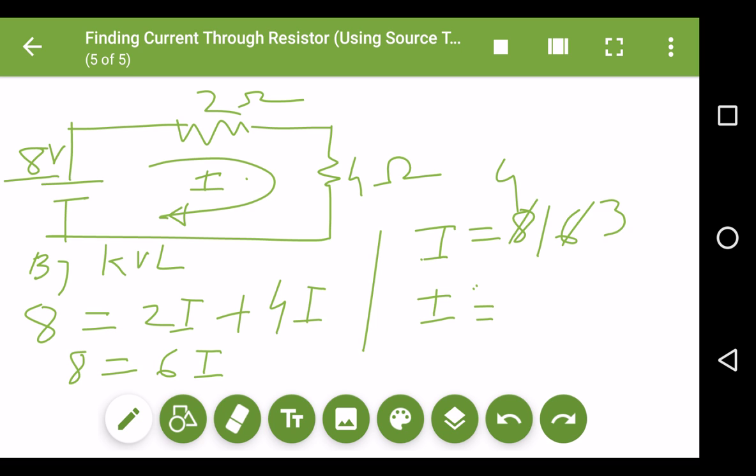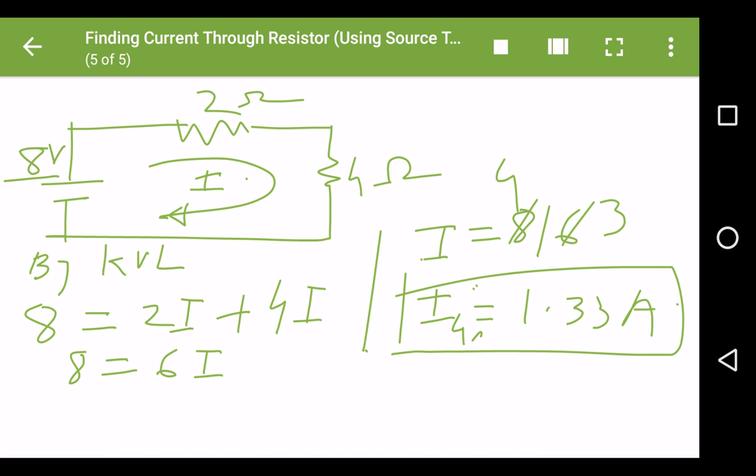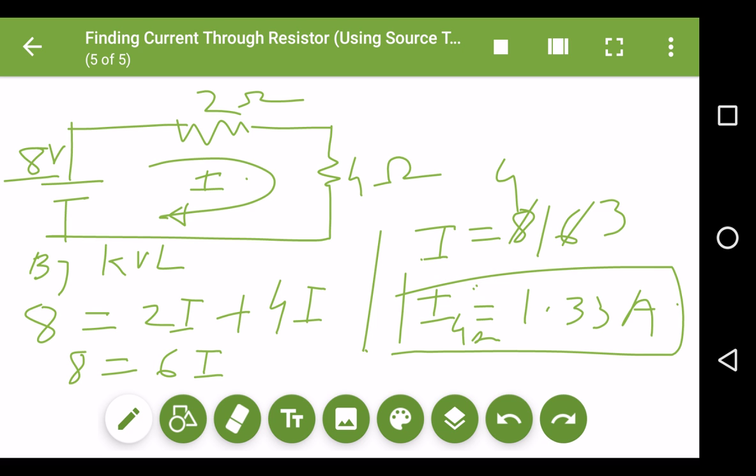So I comes out to be 1.33 ampere. So the current through the 4 ohm resistance is 1.33 ampere.